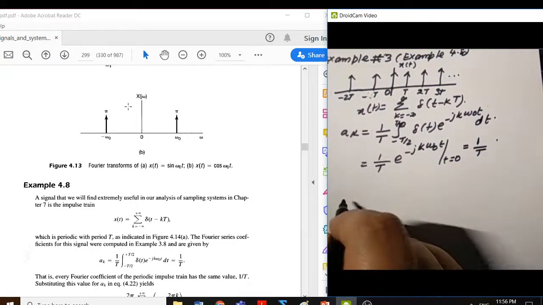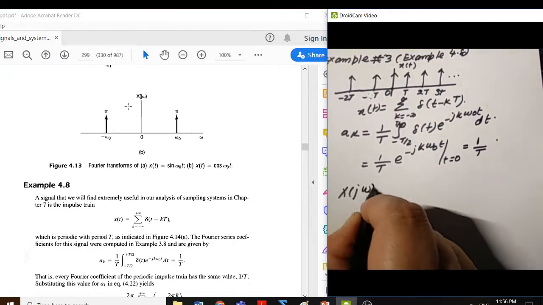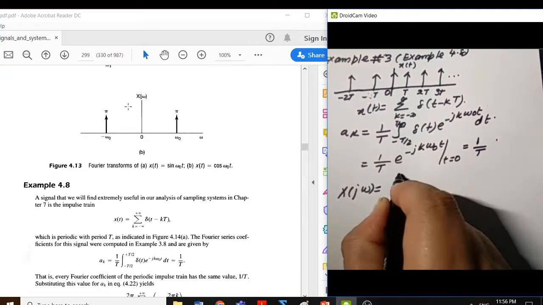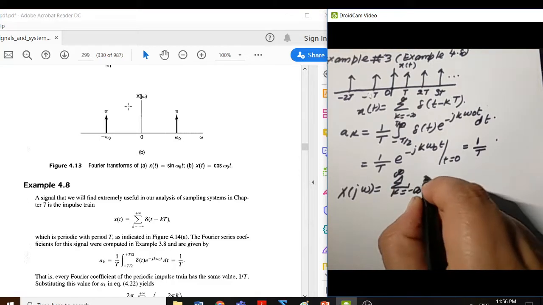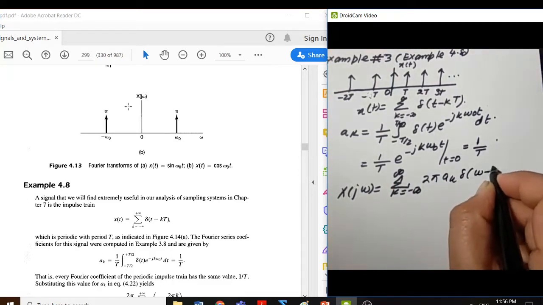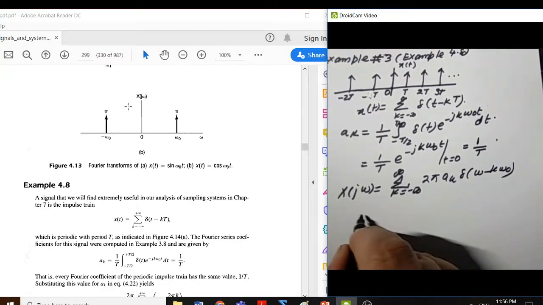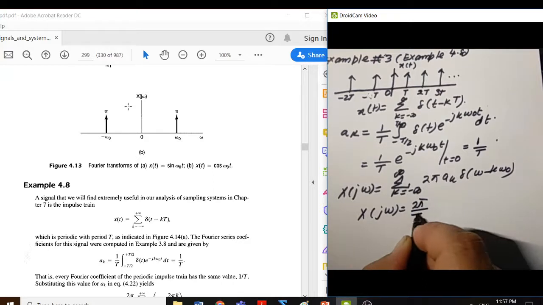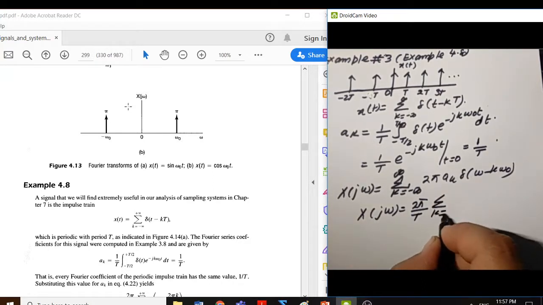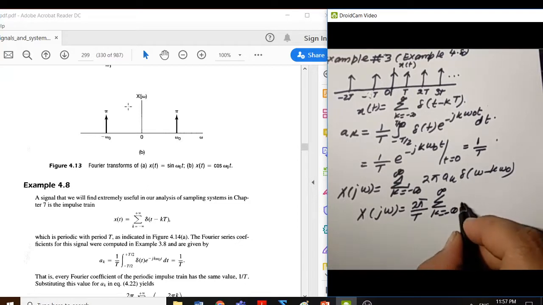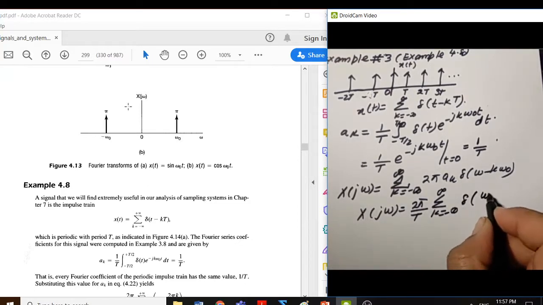So X of j omega is, substituting the values simply, 2 pi a_k delta of omega minus k omega naught. So X of j omega is equal to 2 pi by T, the sum from k equal to minus infinity to infinity of delta of omega minus k omega naught.